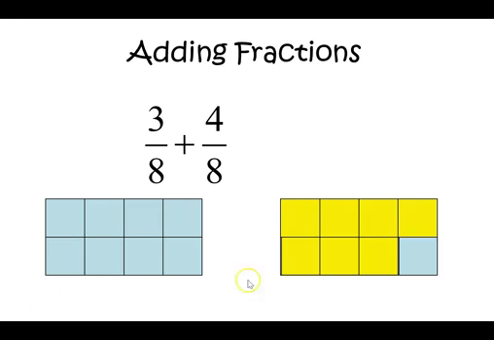And as you can see, our new fraction model is 1, 2, 3, 4, 5, 6, 7 out of 8 squares, 7/8. What's that? We only add the numerators and the denominators stayed the same? Yes, you would be correct.